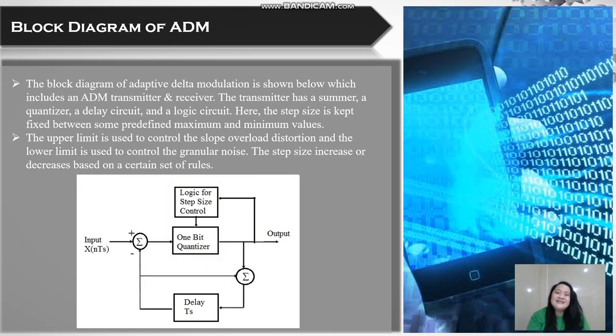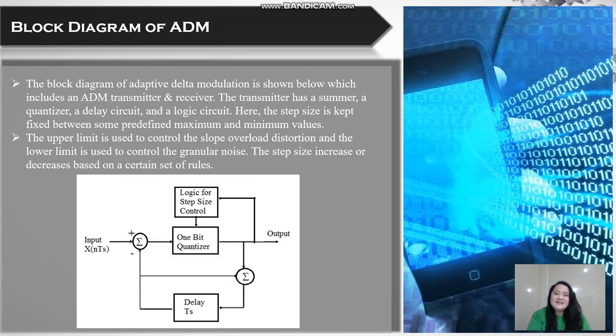So what is the block diagram of ADM? As you can see here, this is the block diagram of ADM. It includes the ADM transmitter and receiver. The transmitter has a summer, a quantizer, a delay circuit, and a logic circuit. Here, the step size is kept fixed between some predefined maximum and minimum values.